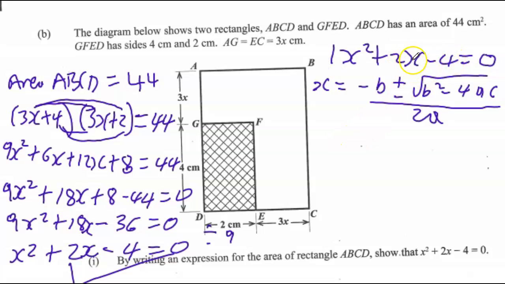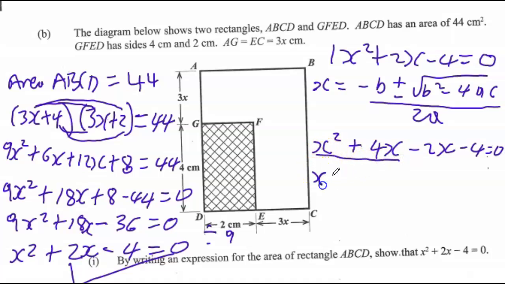Or you could factorize. If you factorize x squared plus 2x minus 4, you can rewrite the positive 2x as 4x minus 2x and minus 4 equals 0. And you factor by groups.